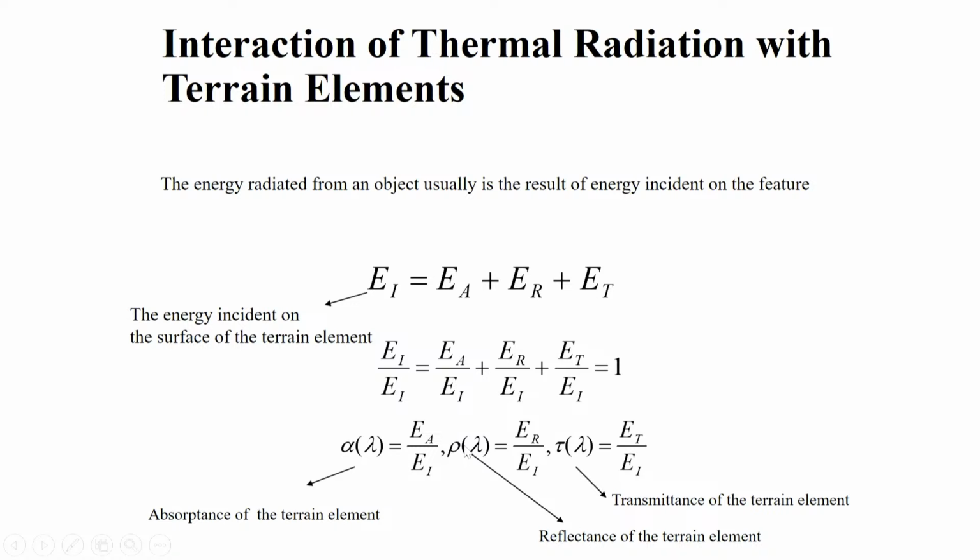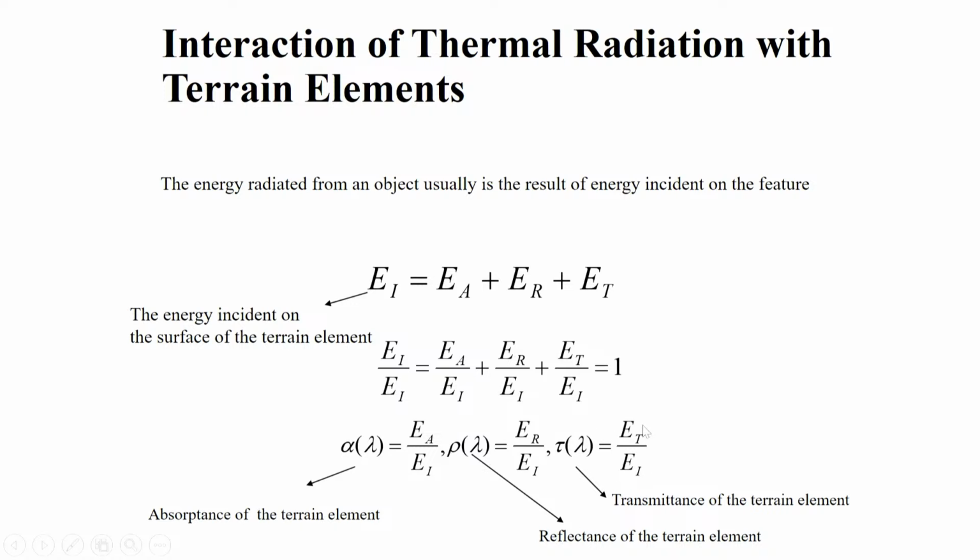Now ER divided by EI is the ratio between the reflected energy and incident energy. This is known as the reflectance, because it tells the capability of the surface to reflect the incoming radiation. Another one is the transmittance.